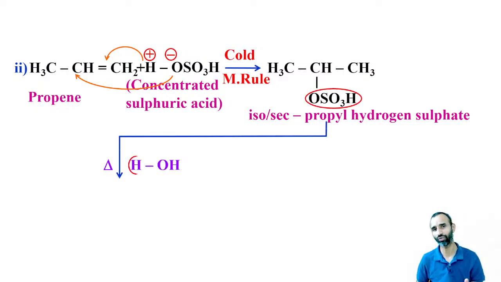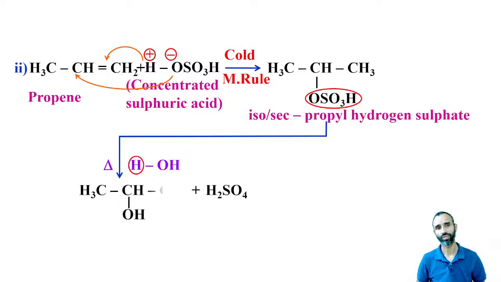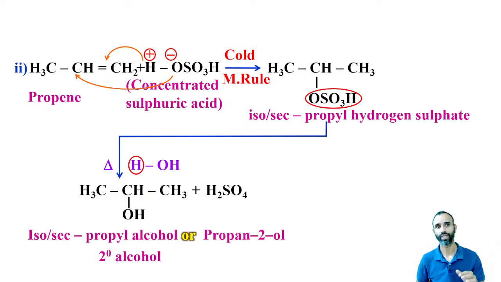When we heat it with water, obviously we get alcohol. That is iso or secondary propyl alcohol, or propan-2-ol.